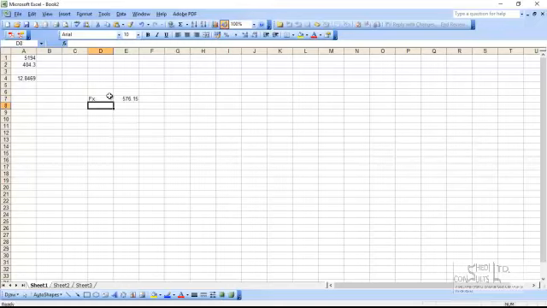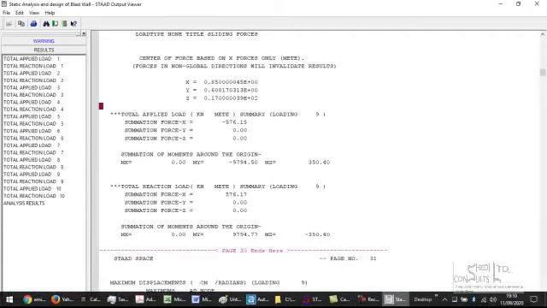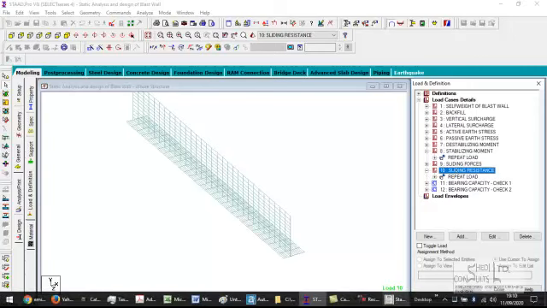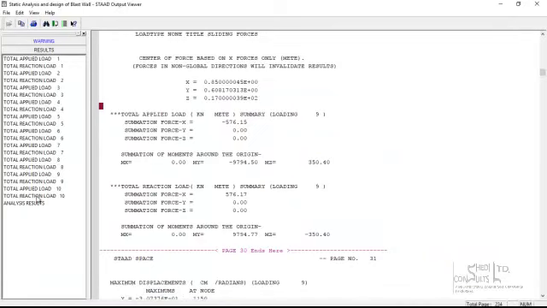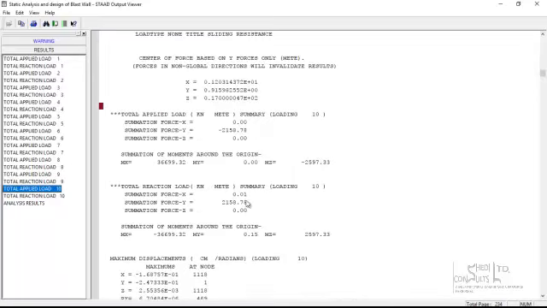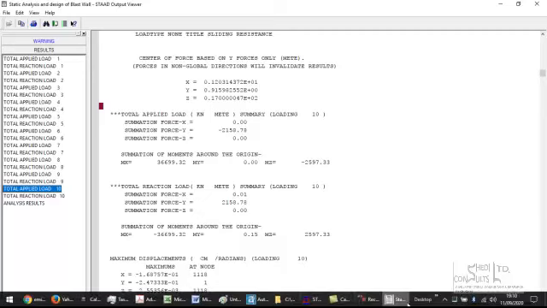Now let's look at the resistance against sliding. For load case 10, which is resistance against sliding, you check the summation of forces in the vertical direction. For load case 10, it's 2,158.8.